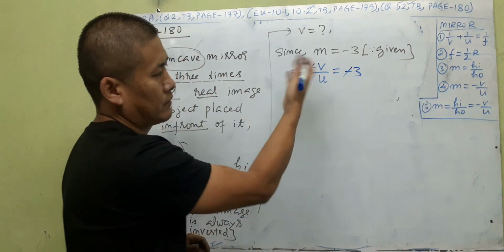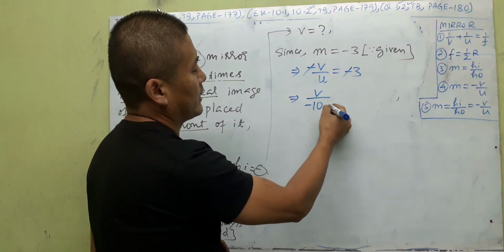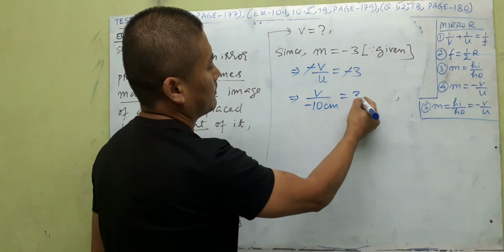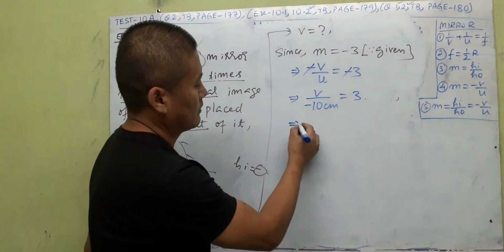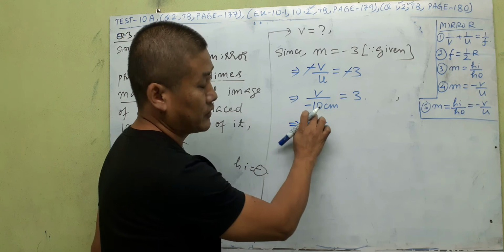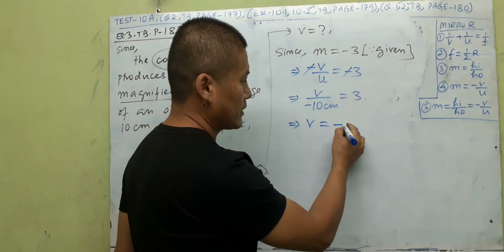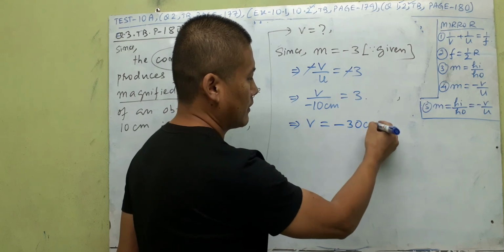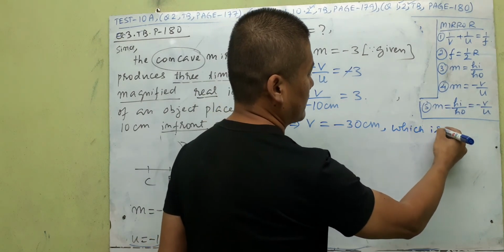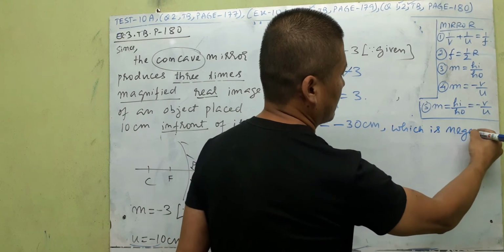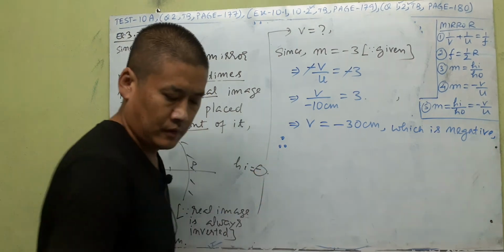Minus and minus, right and left, can cancel, and then you're getting V by U is again minus 10 centimeter, as you can see here. Then here, that implies V, don't move, and if you shift the denominator minus 10, it'll go up and multiply this. Minus into plus, minus, 10 3s are 30 centimeter, which is clearly negative. Therefore, go back to the question.